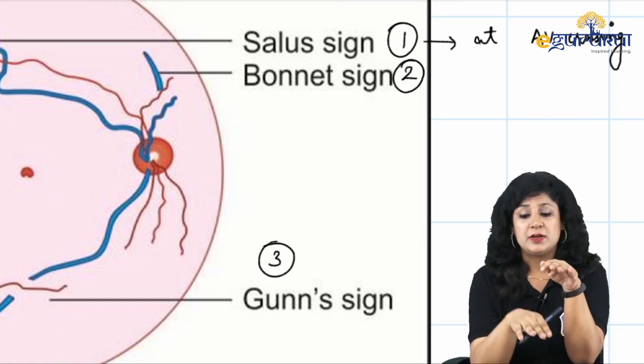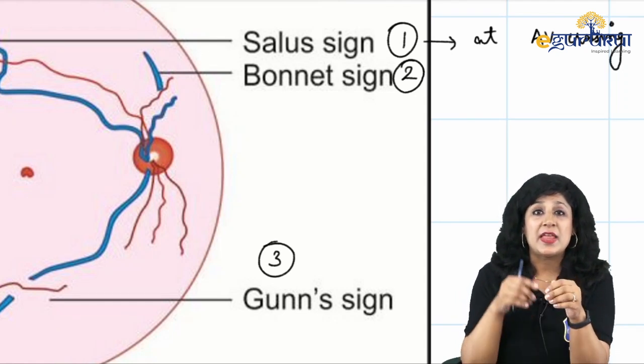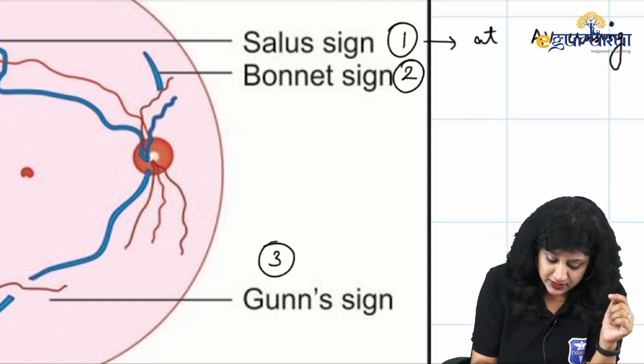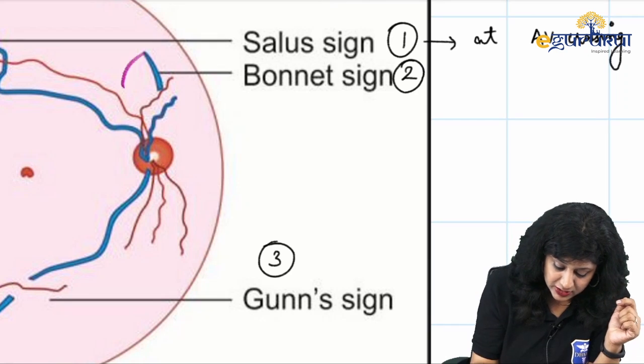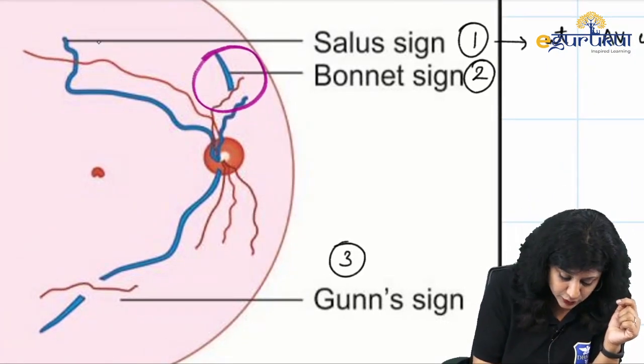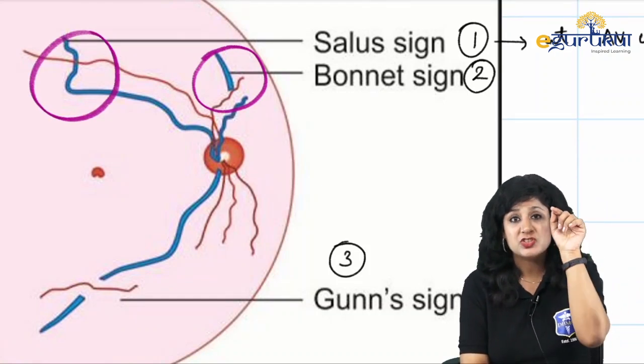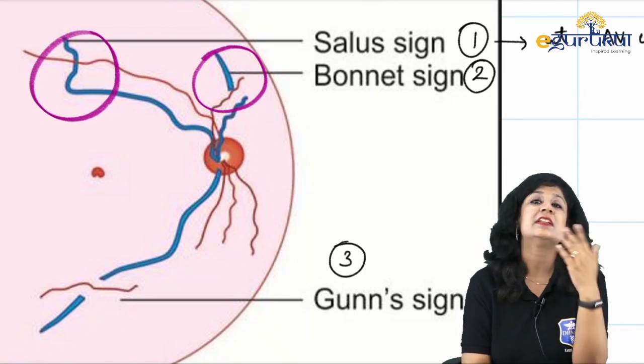Now the Bonnet sign is always on the distal side of the AV crossing. So always remember, when it is distal to the AV crossing, can you see here we have distal to the AV crossing. So here you have an AV crossing. Can you see this area is your AV crossing? So when the deflection is taking place just at this AV crossing, then it is the Salus sign.